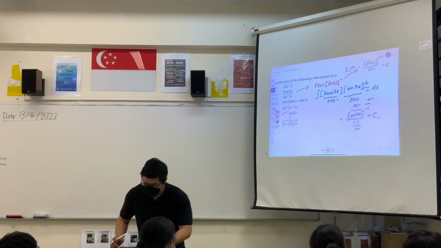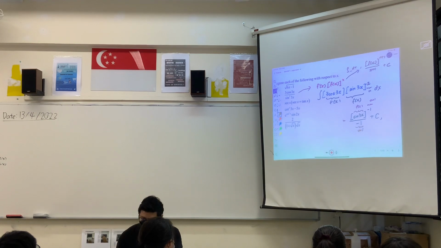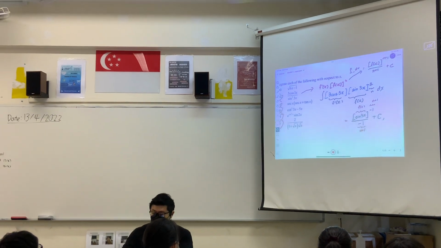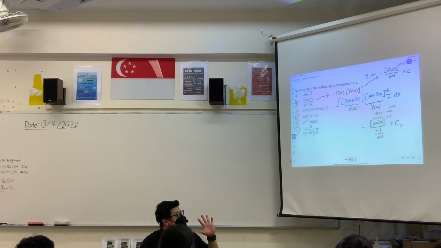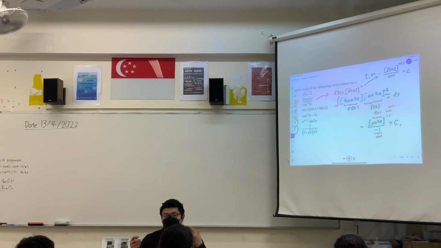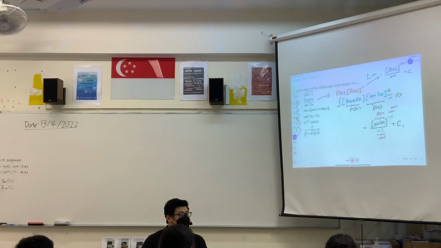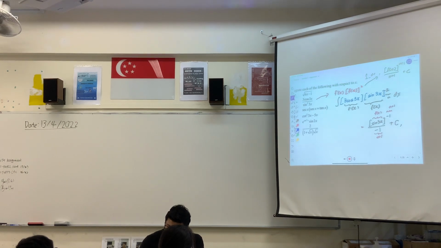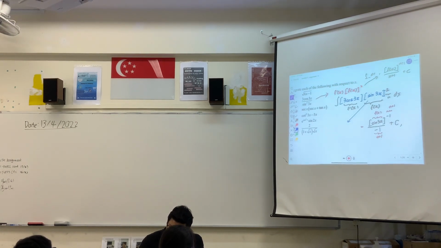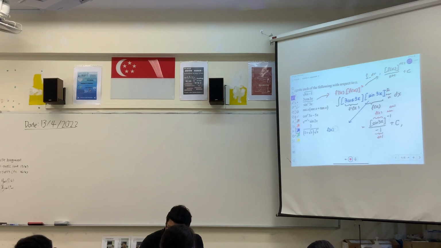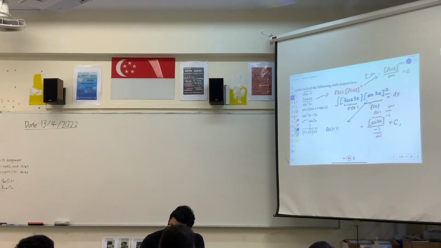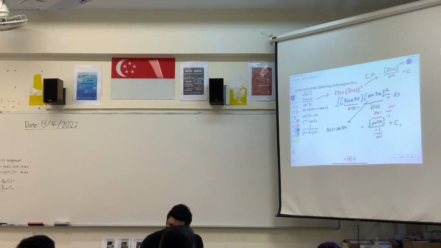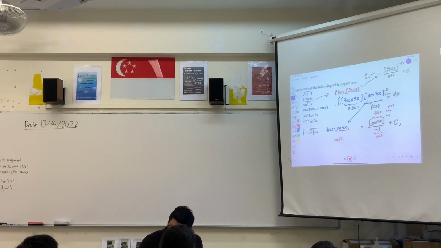How do I differentiate sine 3x? If I see this as f x, I will see the inside and this is f prime. Differentiate sine 3x, you think about chain rule. When we differentiate, remember there's an outside function, there's a sine, that will give you cosine 3x.